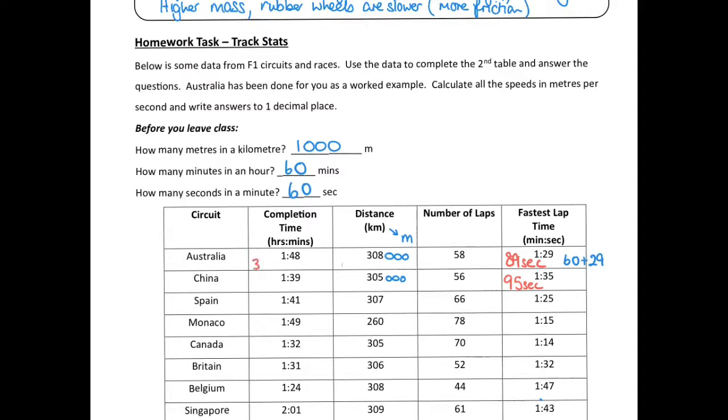So we have 3,600 plus 48 times 60, 48 times 60. And that tells us the number of seconds it took to complete the Australian Grand Prix. And that equals 6,480 seconds.